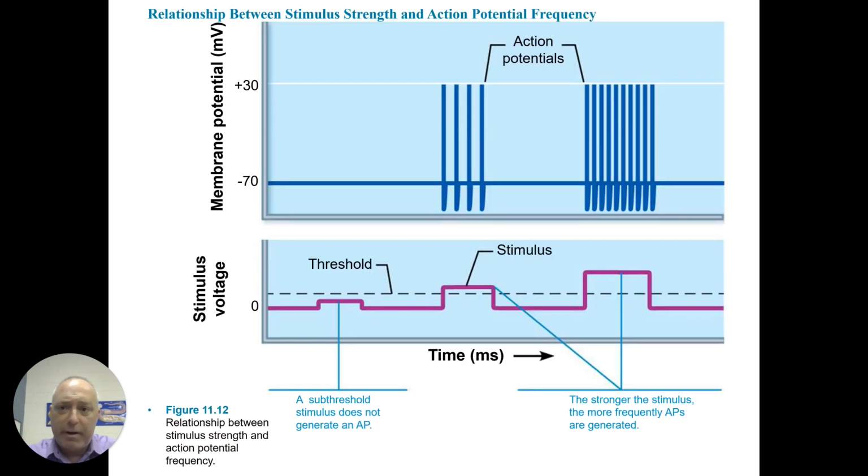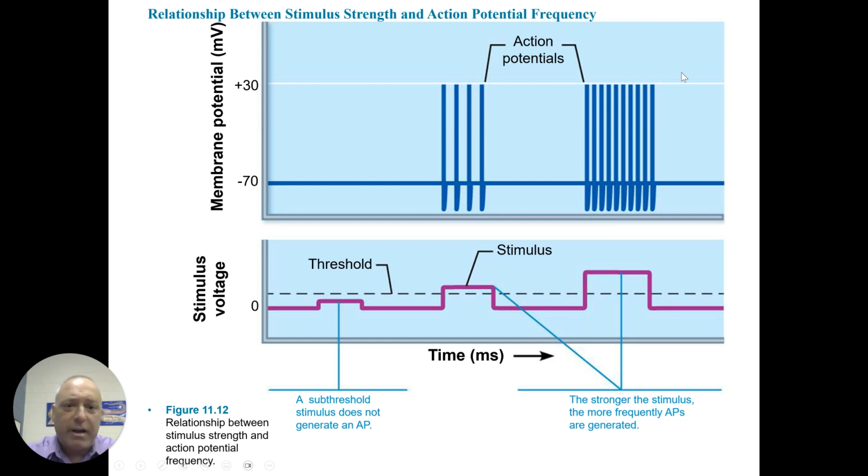Now these action potentials, as I mentioned, are binary, and so they are on or off. There is a threshold that must be achieved to create the action potential. Once you achieve your threshold, there's no going back, and this axon is going to depolarize, and this action potential is going to travel very rapidly down the axon.